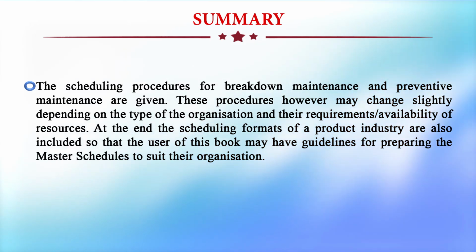These procedures, however, may change slightly depending upon the type of organization and their requirements and availability of resources. At the end of scheduling, formats of product industry are also included so that the user of this book may have guidelines for preparing the master schedules to suit their organization.